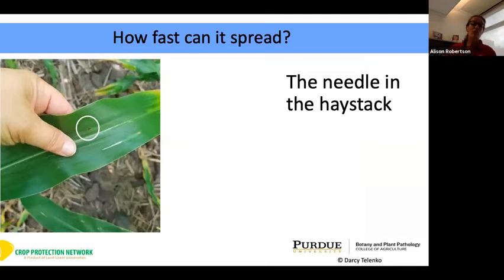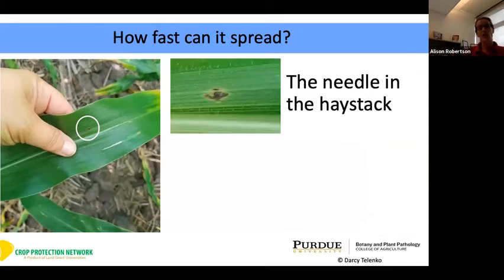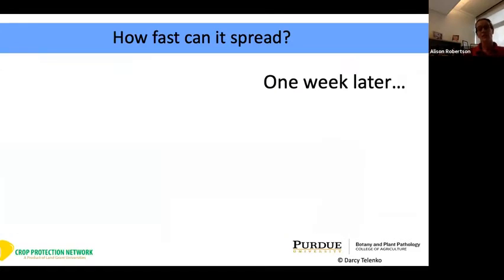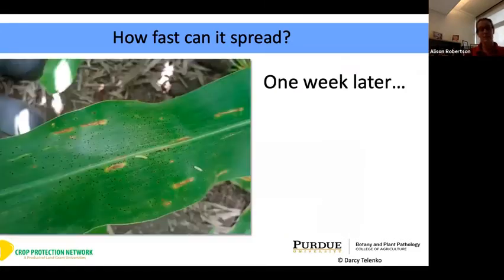Tar spot can also spread pretty rapidly if you have the right conditions. This is a picture from Darcy Telenko at Purdue University showing a single spot that her students found in one of their research fields, with some close-ups. Again, you can see how it bleeds down the veins or has those tails. And this is what that field looked like one week later.